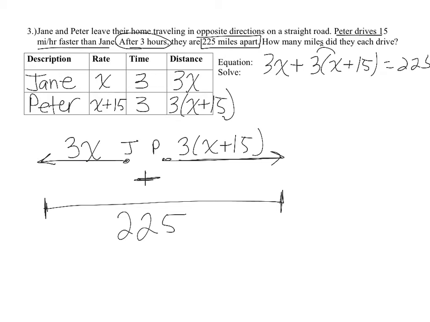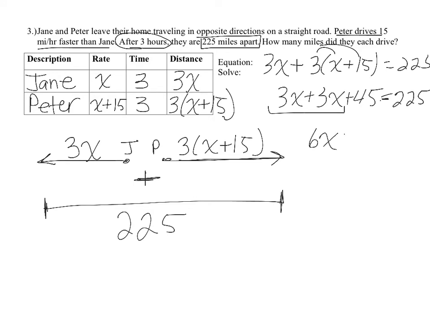So distribute the 3, and you're going to get 3x plus 45 equals 225. Combine your like terms. 3x and 3x are on the same side of the equal sign, so that becomes 6x plus 45 equals 225. And then solve for x. So subtract 45 from both sides.